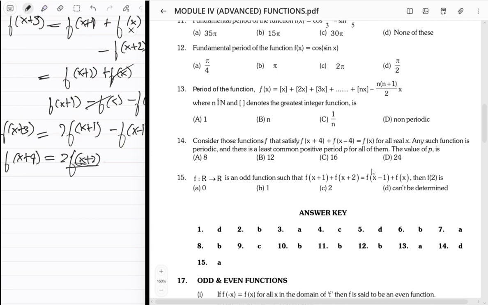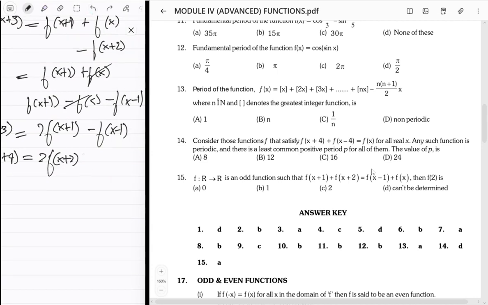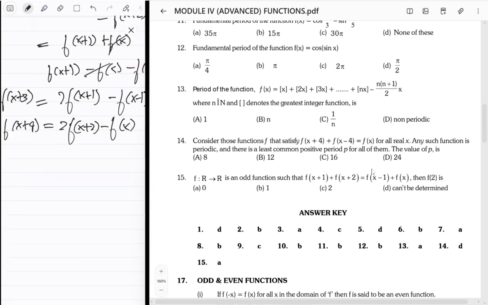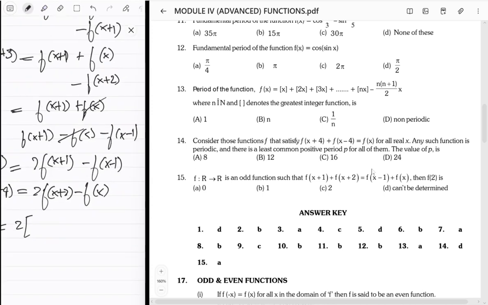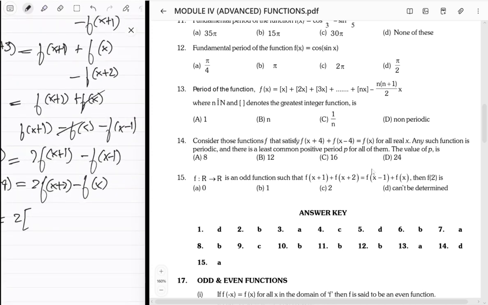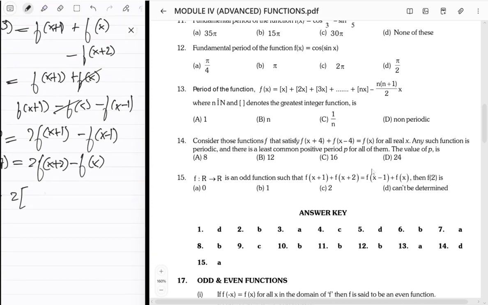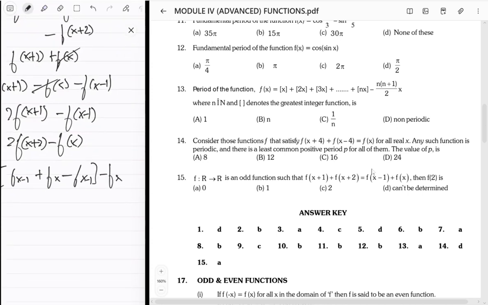Hey, you can go ahead and do this once again. Cool. Minus f of x, right? But we know what f of x plus 2 is. It's 2 times all that stuff. Okay, hopefully we'll get somewhere with this. So once again, that is equal to f of x minus 1 plus f of x minus f of x minus 1, and that stuff minus f of x.